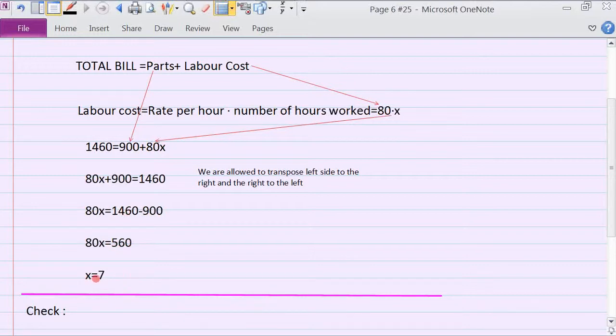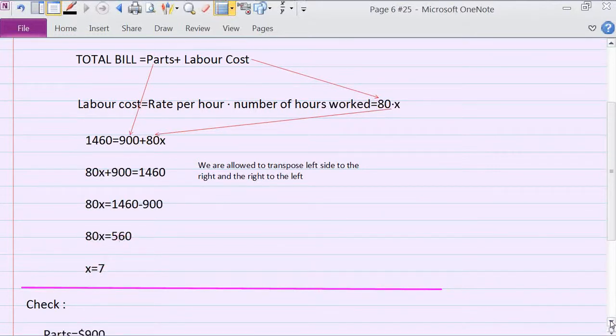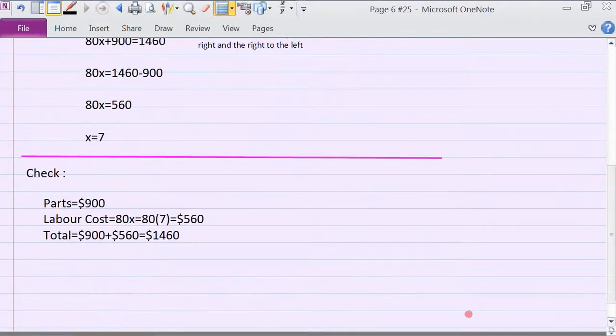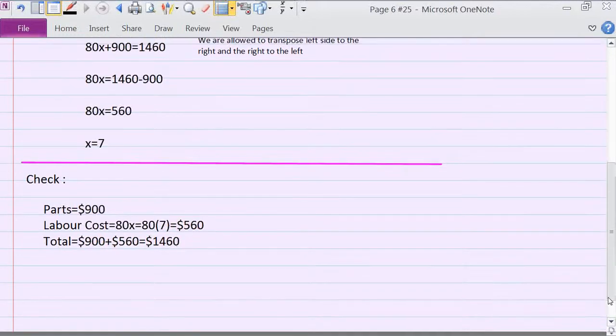So I get x equals 7 because I divide this by 80, and I divide 560 by 80, and I get 7. So parts are 900. The labor cost is 80x, 80 times 7 hours, because that's what we computed, 560. 900 plus 560 equals the 1460.